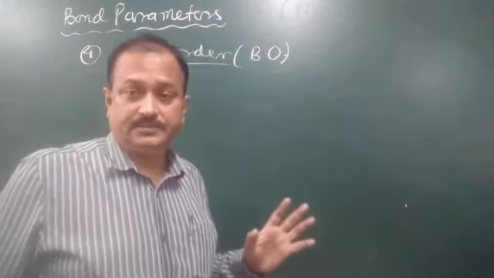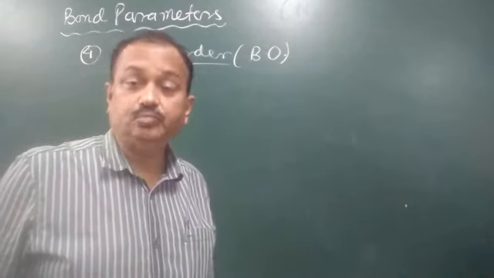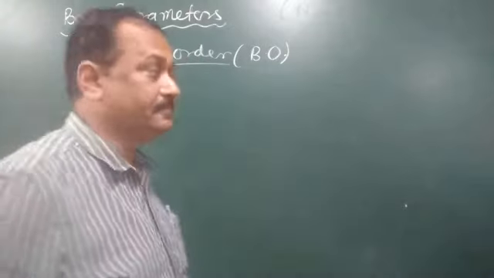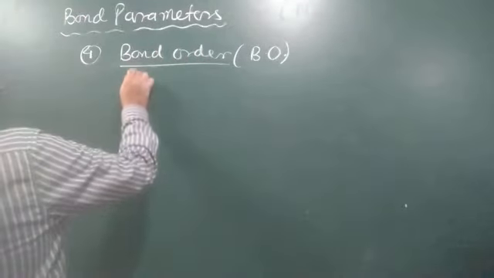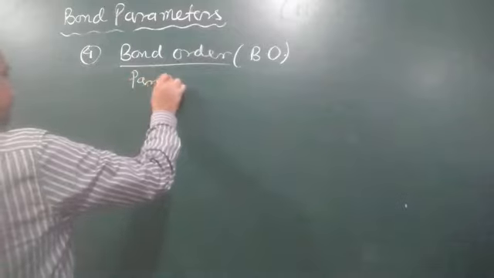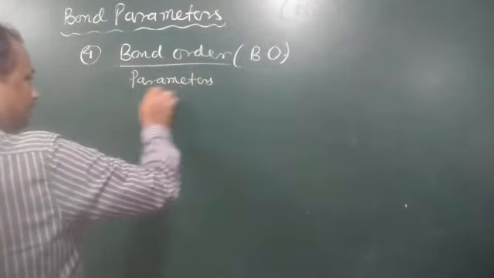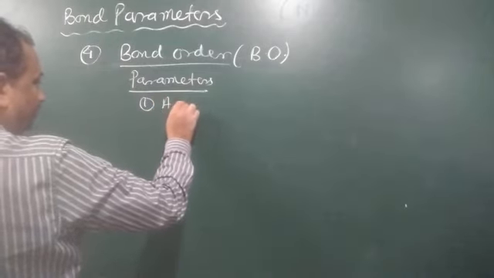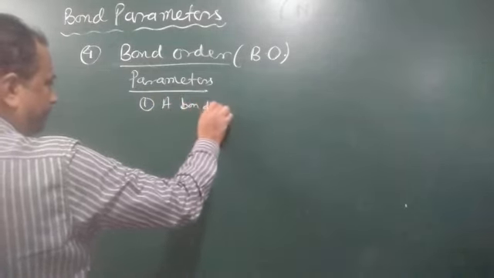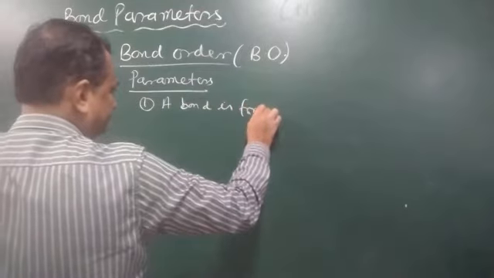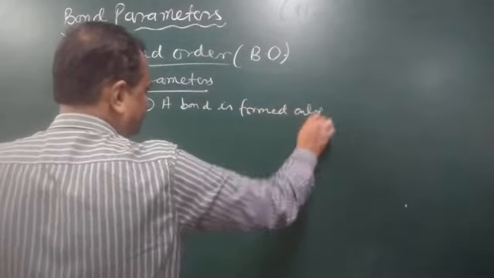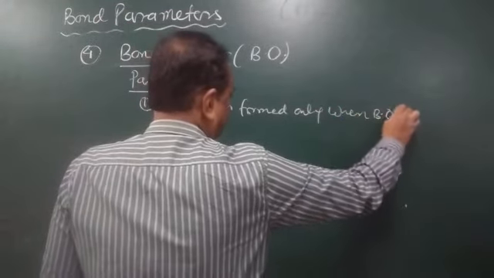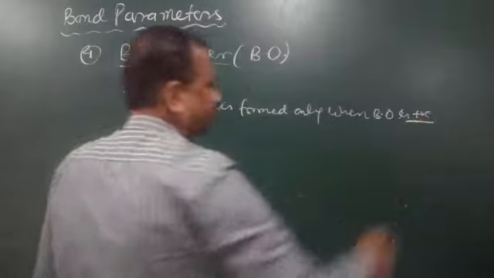Now bond order is a very important point. We study the stability of a molecule, and so first we see the parameters of bond order. First, a bond is formed only when BO is positive.